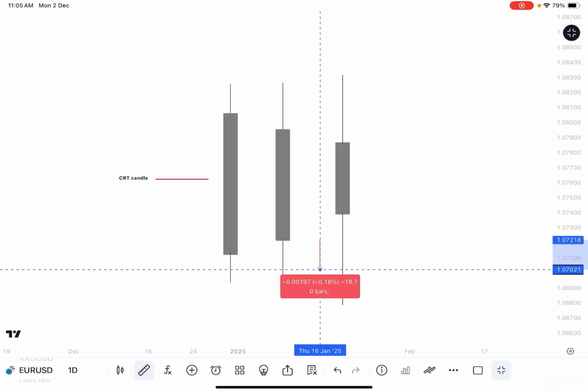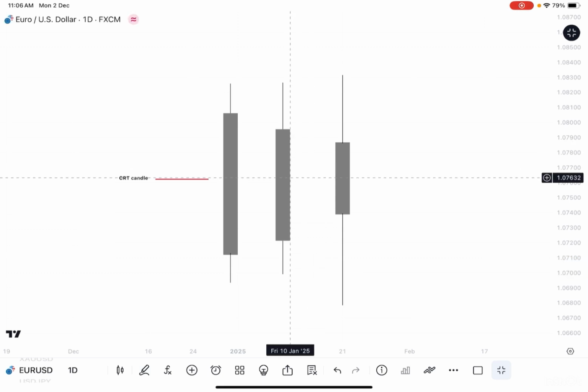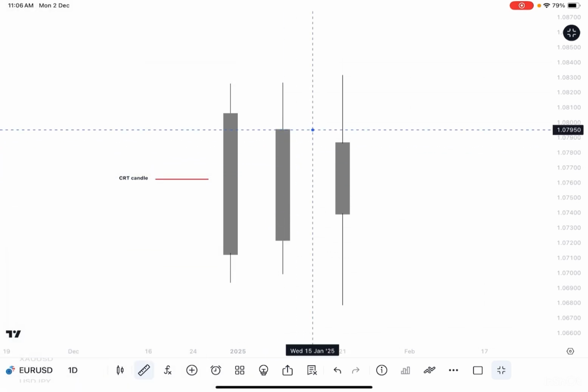Now measure the wick on the bottom. The length of the wick on the bottom is 0.21. Now add both wick measurements and we got 0.49. So the total length of the wicks in this candle was 0.49. Now keep it aside and measure the length of the body.